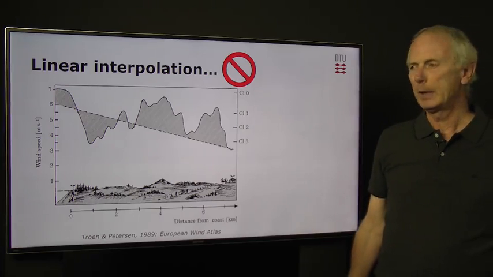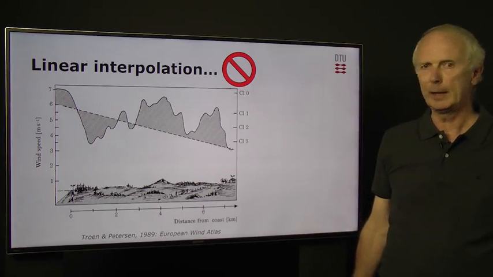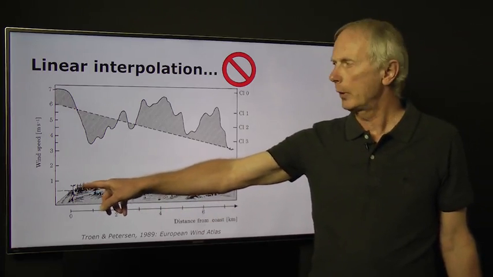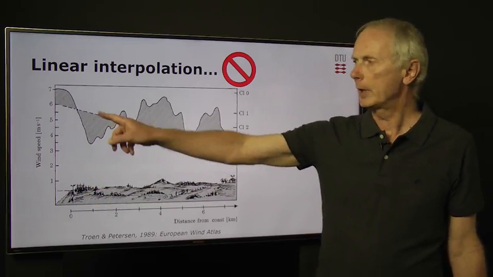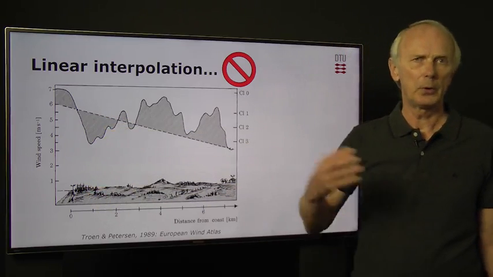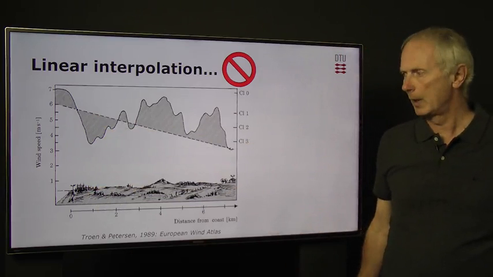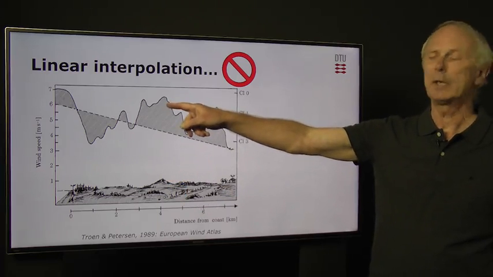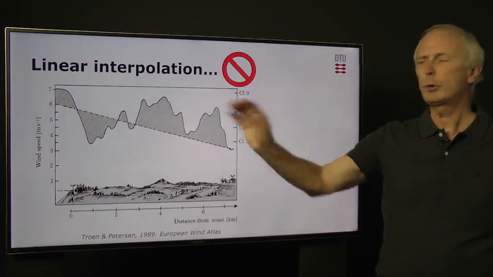However, the terrain is complicated. For example, you have a forest here, and when you have a forest, the wind speed decreases because of the high roughness of the forest. You have a hill here, and over a hill, the wind speed increases, at least very close to the hill.